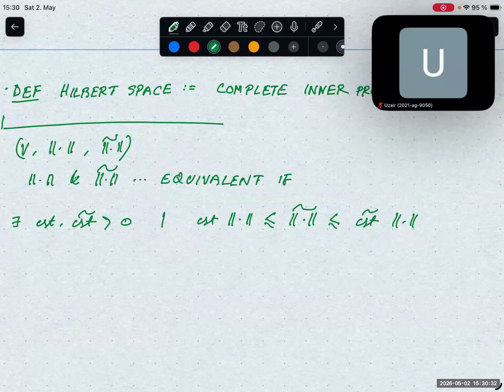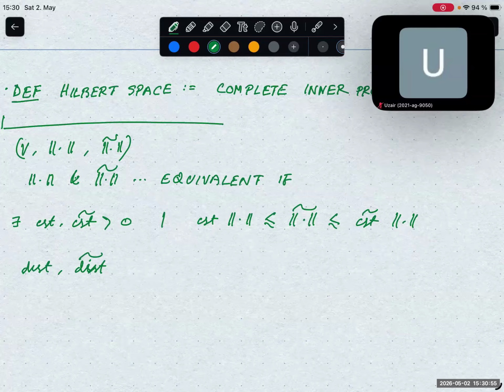Now we also saw yesterday that once we have a norm, we have a natural notion of a metric space. So let's call dist and dist tilde the distances induced by these two norms.